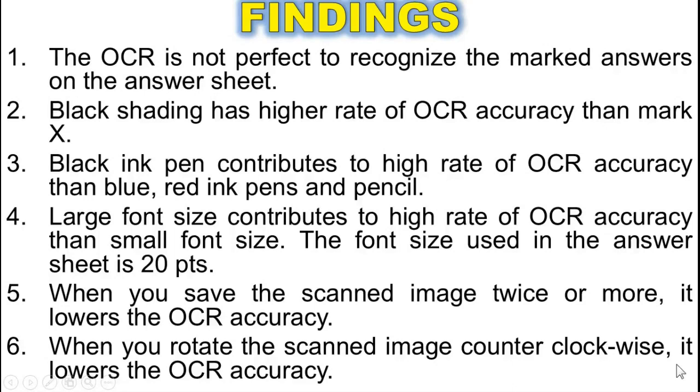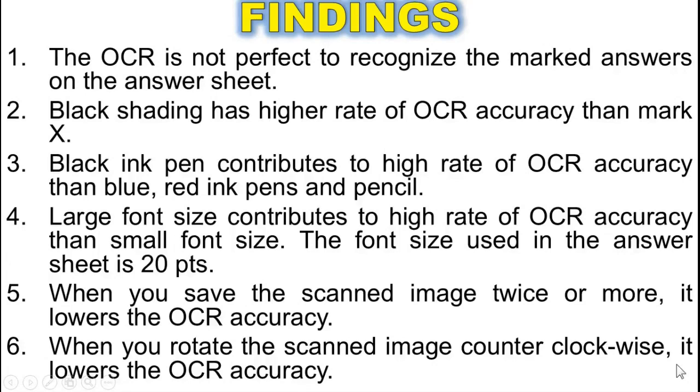The OCR or optical character recognition is not perfect to recognize the marked answers on the answer sheet. Black shading has higher rate of OCR accuracy than mark X. Black ink pen contributes to high rate of OCR accuracy than blue, red ink pens and pencil.